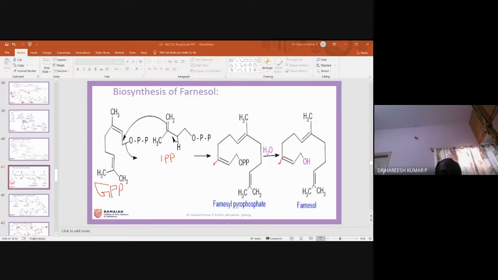If there is a possibility of forming a stable carbocation, then that migration is called Wagner-Meerwein rearrangement. So is it a primary or secondary? Secondary carbocation. So this CH3 is moved from here to here. Afterwards, the formed one is a tertiary carbocation. So you can consider this a Wagner-Meerwein rearrangement.